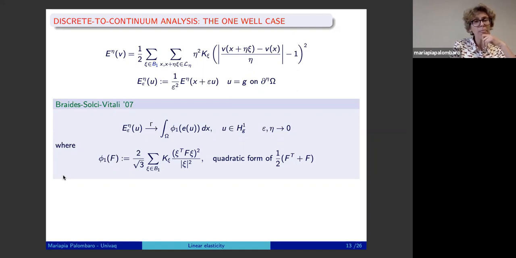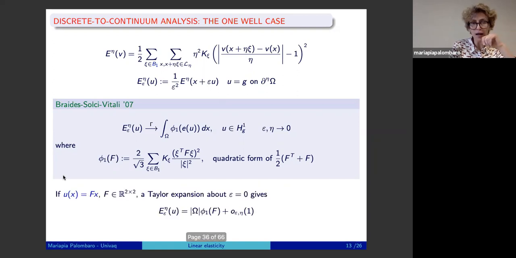And the density phi1 can be obtained in the beginning. So before proving the Gamma-convergence, one can identify phi1 in the same way we did in the beginning with the formal computation. One can evaluate the energy for u equal to an affine map.